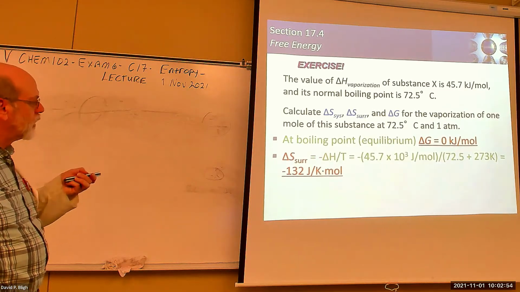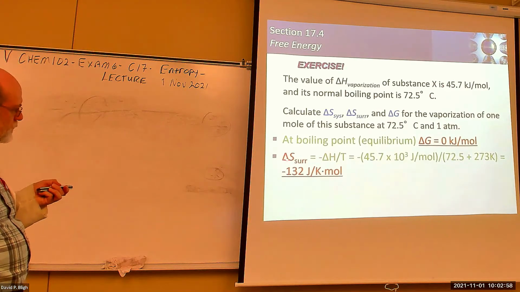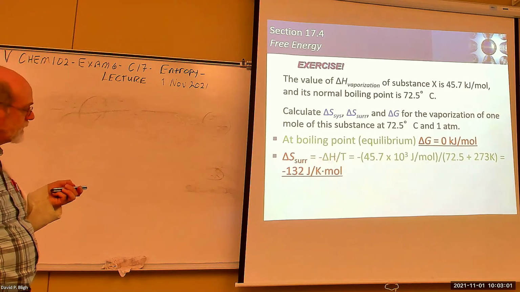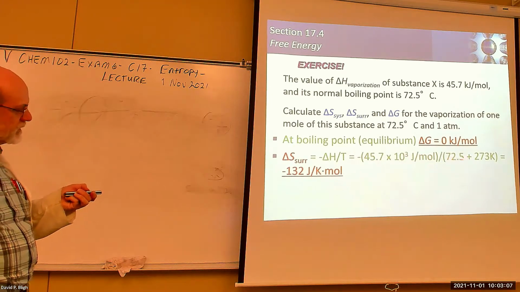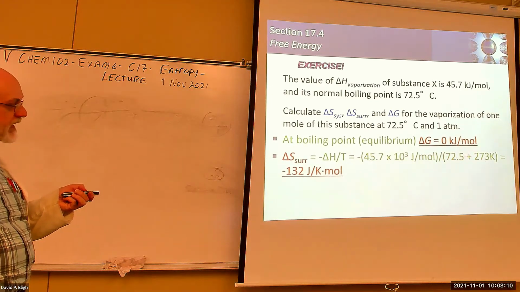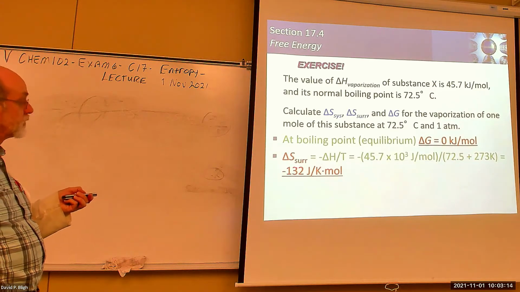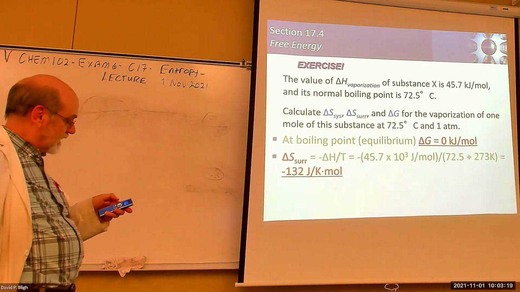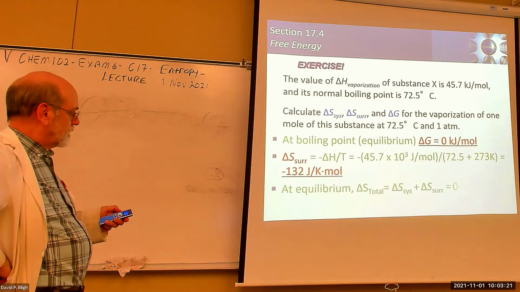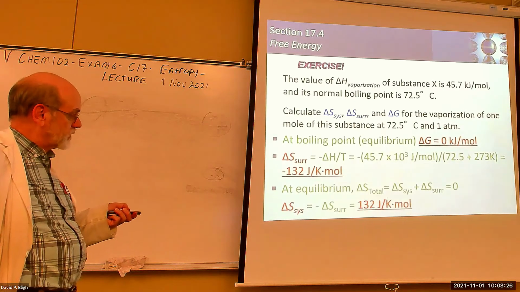We know what delta H is, 45.7 kilojoules. So surroundings is minus delta H over T, divided by temperature in Kelvin. And this is our delta S for the surroundings. And that means that the delta S for the system is positive 32.